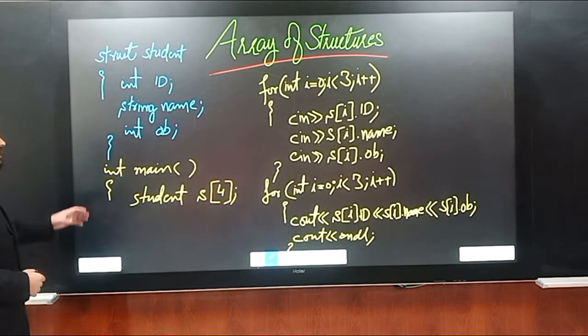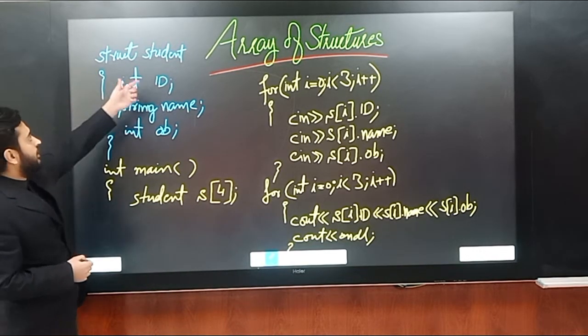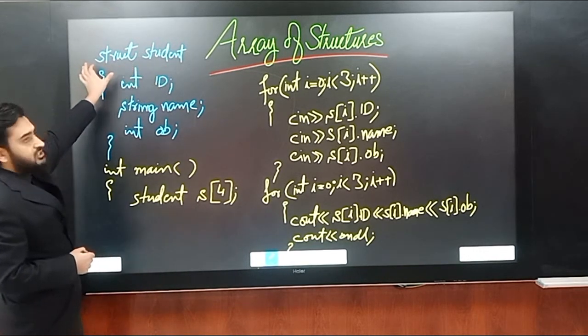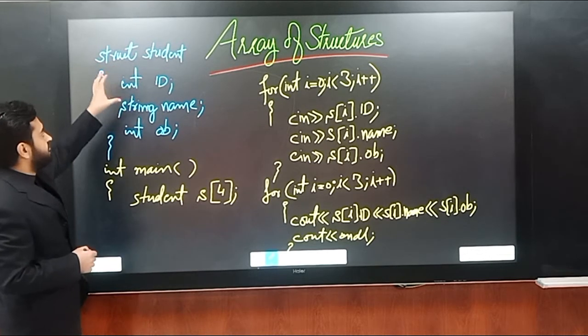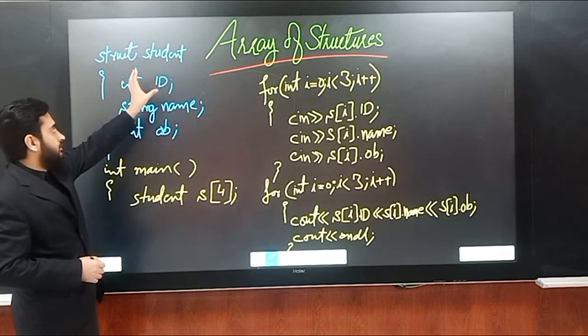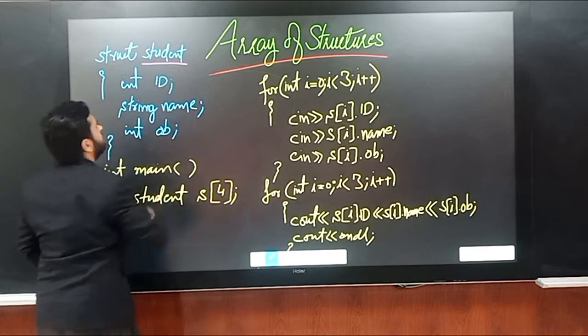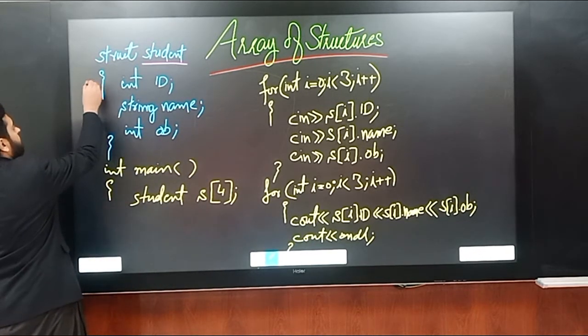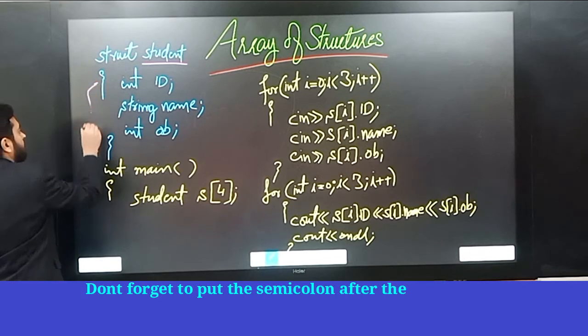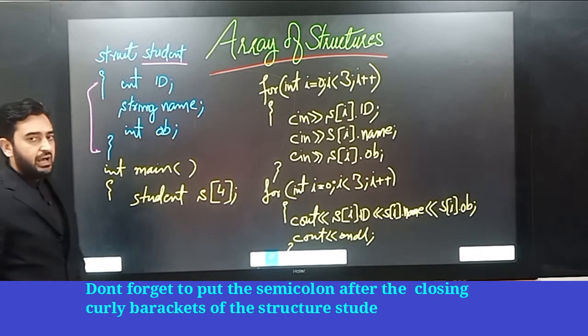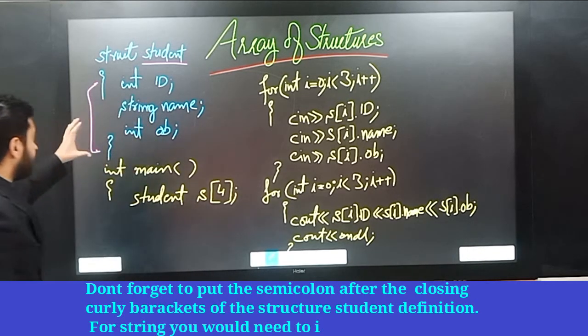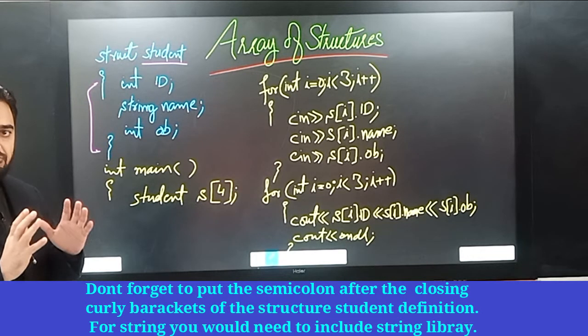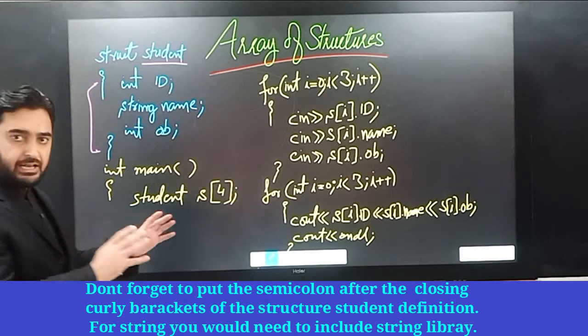So this is an example of a structure for a student. struct is a reserved keyword that we have used to define the structure for a student, and student is actually the name of this structure, and this is the structure block. It defines what kind of variables we are going to declare in this structure.